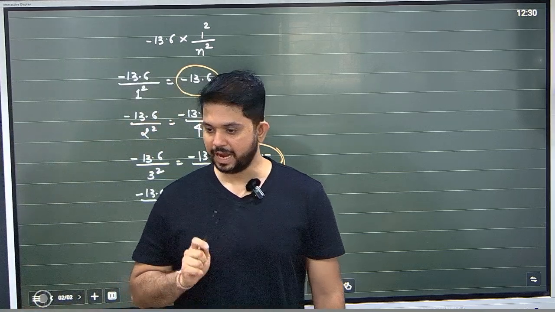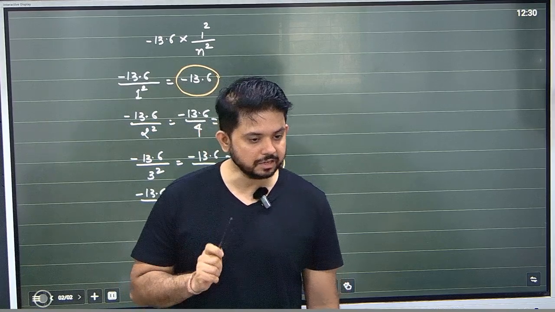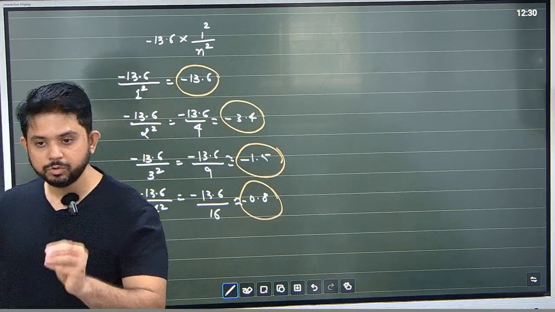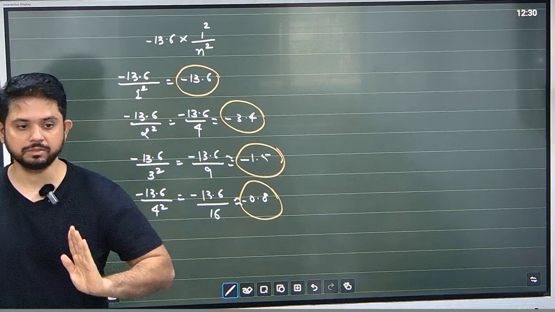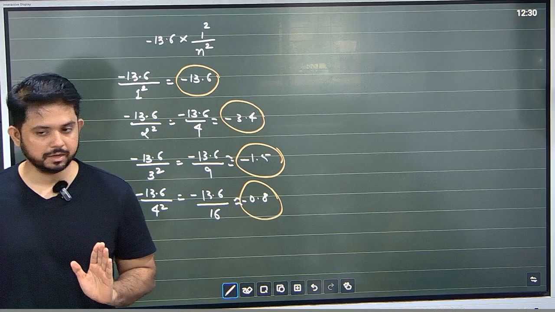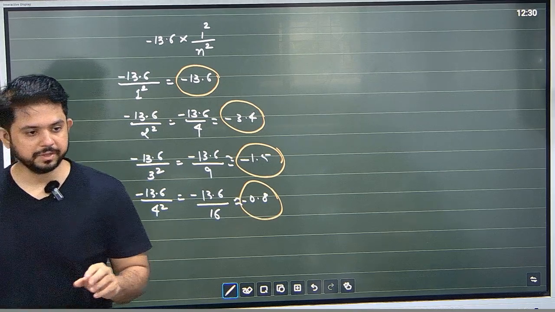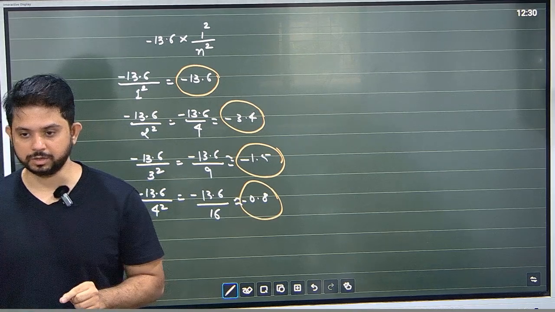First, the negative sign here indicates that the nucleus has a hold on the electron. Try to understand this. I repeat, the nucleus has a hold on the electron.